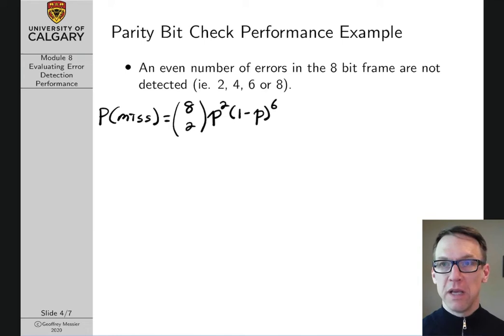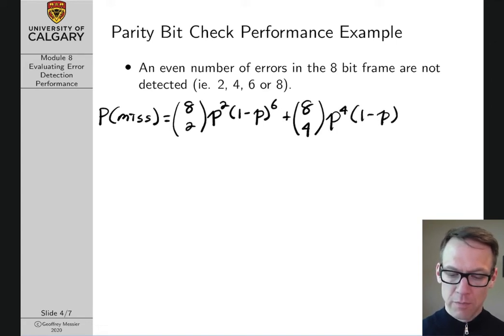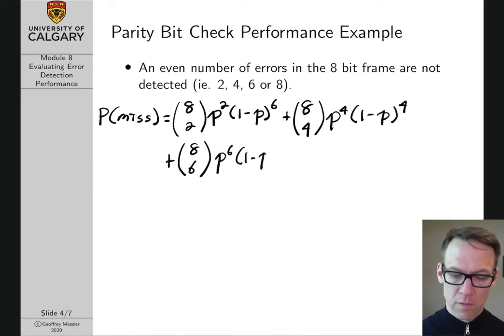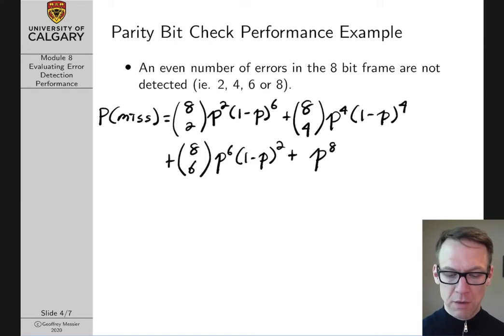The probability of a 4-bit error is 8 choose 4, p to the 4, 1 minus p to the 4. 6-bit error, and there's only one possible 8-bit error pattern, and that's all of them being bad.